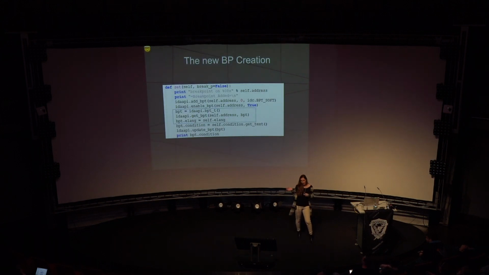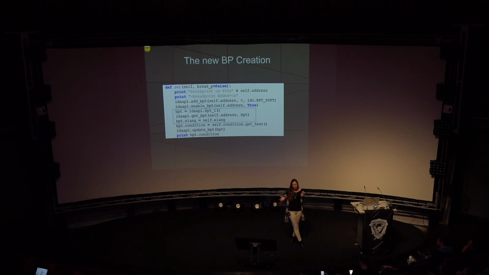So this is how you create a breakpoint with changing the language. In the marked box, you can see the changes I made. I created this object, and then I changed manually the bpt.elang to my self.elang.